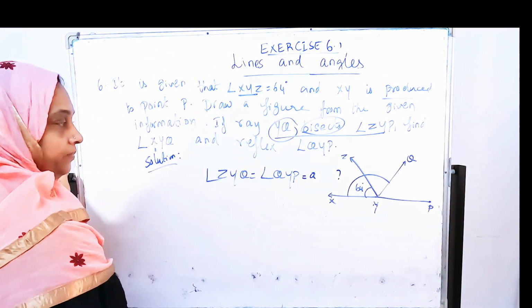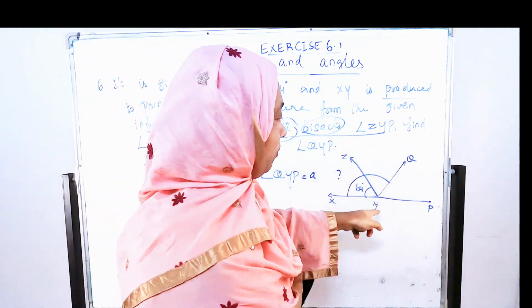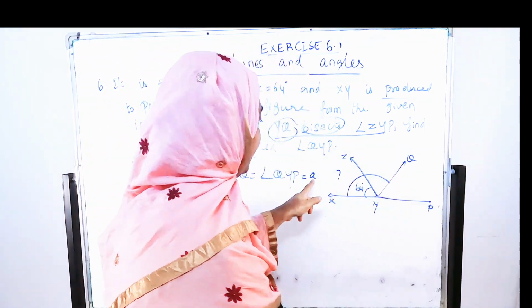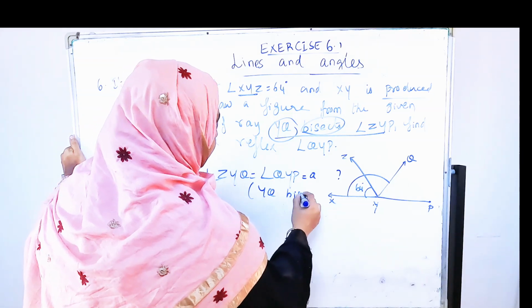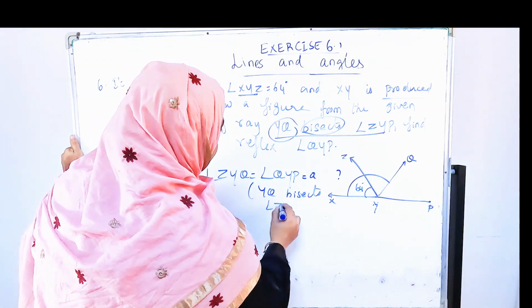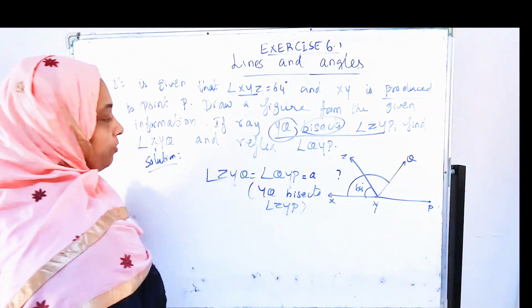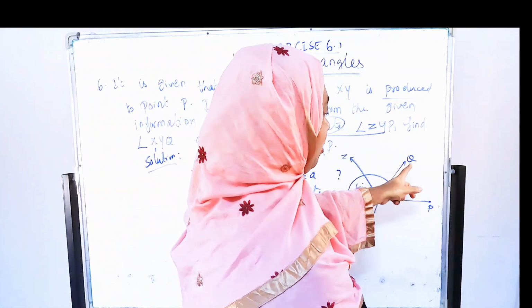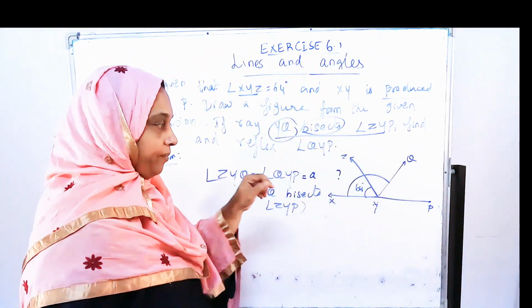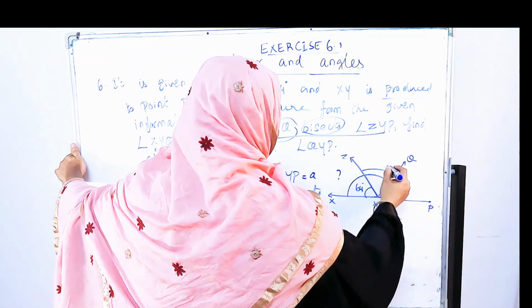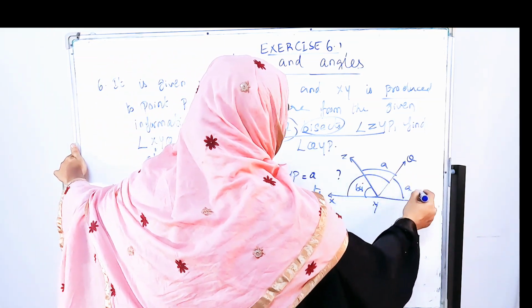We will keep ZYQ and QYP as A, because YQ bisects angle ZYP, so this angle and this angle are the same. So this is A as well as this is also A, equal pieces.